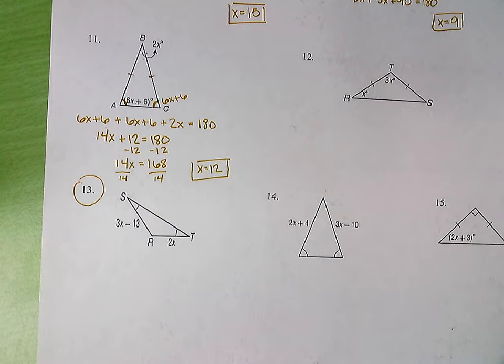So all you do is 3x minus 13 is 2x, and then you subtract 2x from each side, and then add 13 to both sides. It's talking about the side as well.